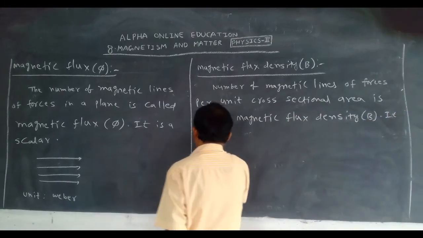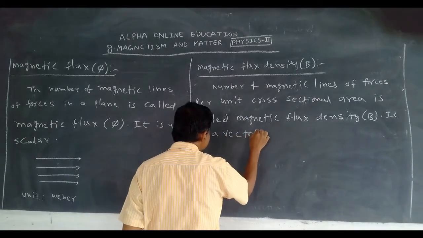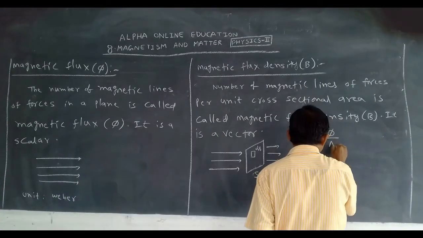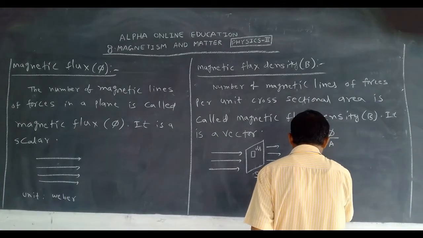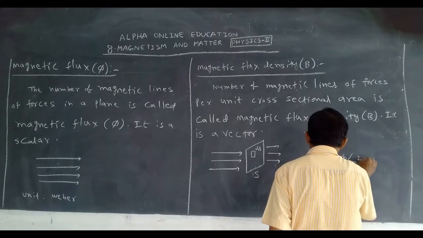It is a vector. Now, phi by A, unit Weber per meter square.